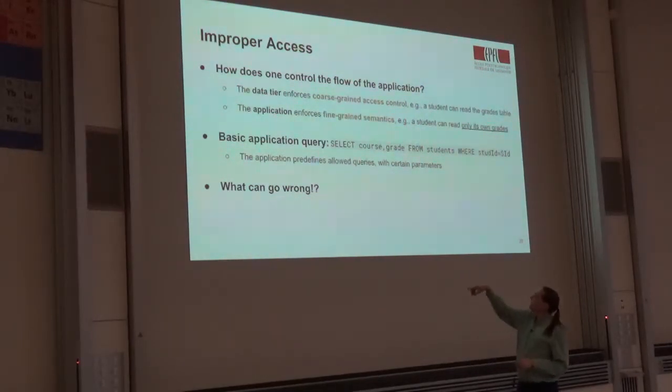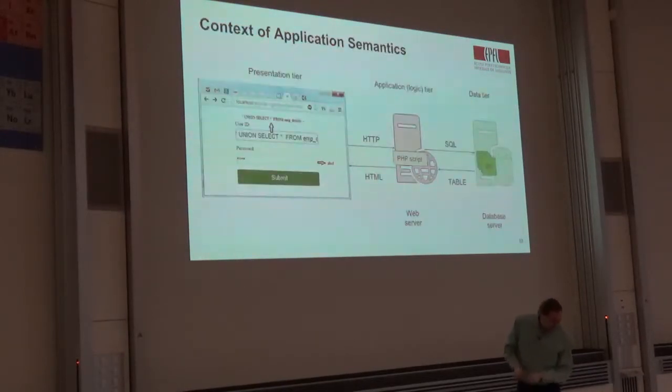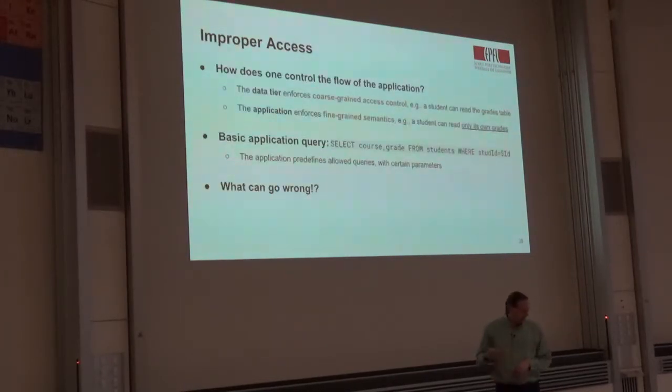So to look at this example a little bit more, let's assume that this application logic tier in the middle is a PHP script that's going to take the contents of that form and put the student ID field that the user enters into a SQL query, and then go submit that SQL query to the database, right?